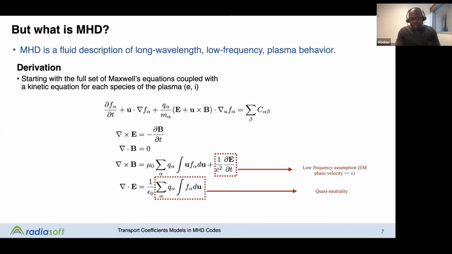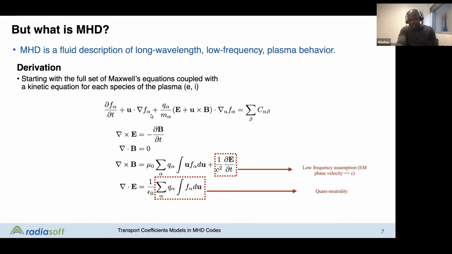MHD is a fluid description of long wavelength, low frequency plasma behavior. One way to derive it is to start from a kinetic description of your electrons. You follow them in phase space by following the particle distribution function. You can write it in this way.